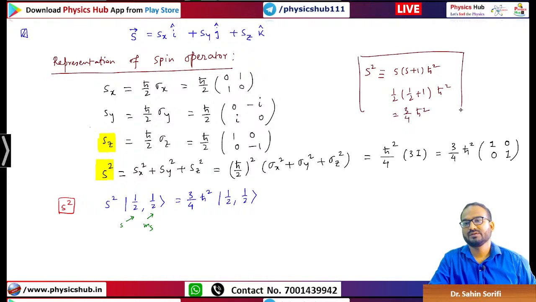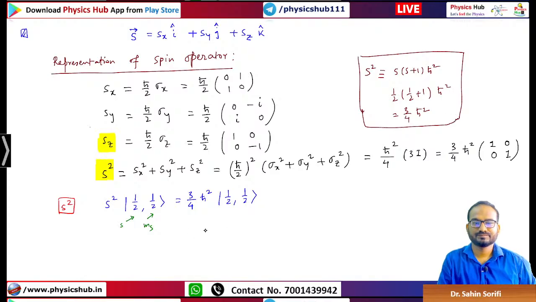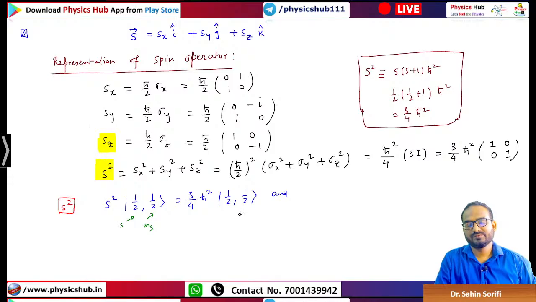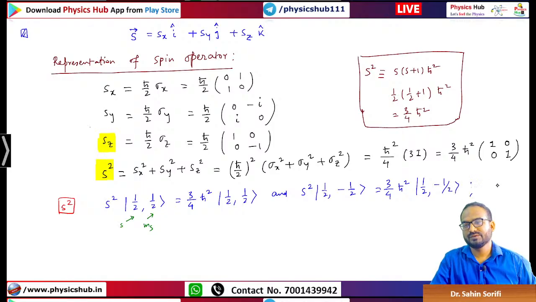That is why we are getting 3 by 4. And for a single value of s, there will be two values of ms. If s is half, ms will be plus minus half. So if you apply S square to |half minus half>, this will again become 3 by 4 h cut square |half minus half>, because we know the value of ms lies between plus and minus s, right?